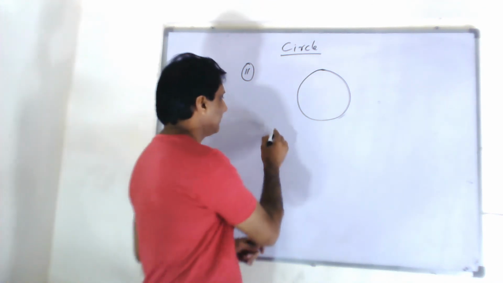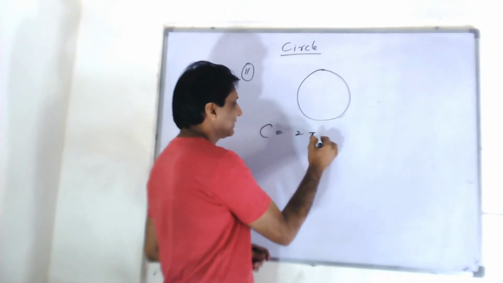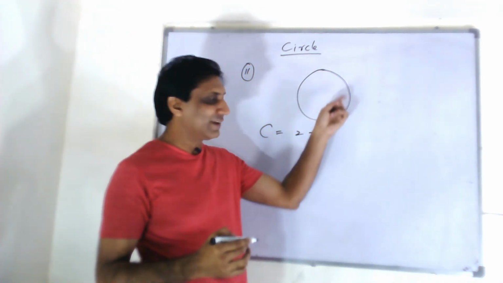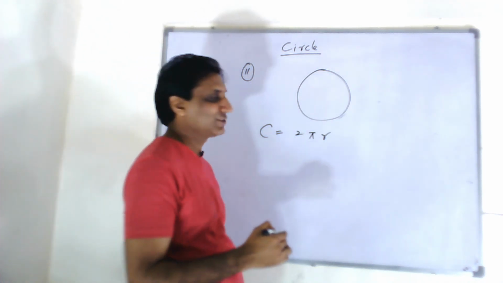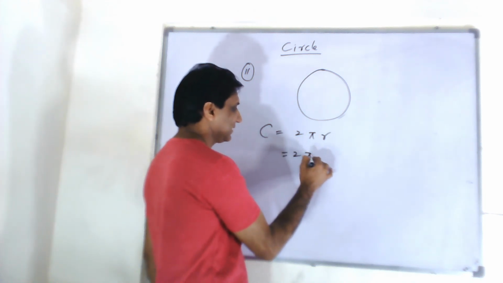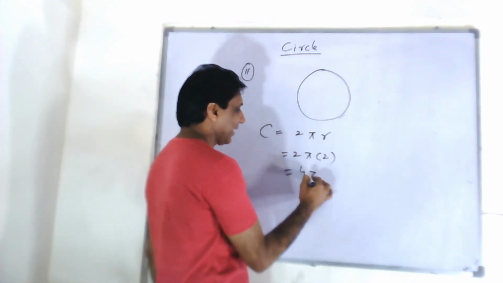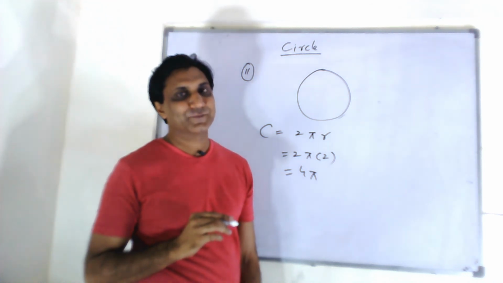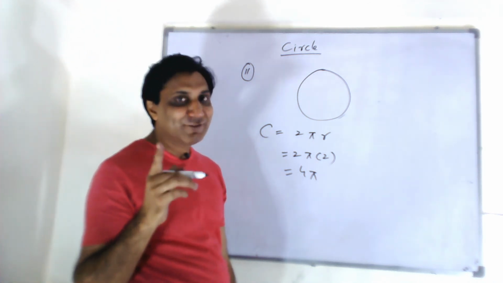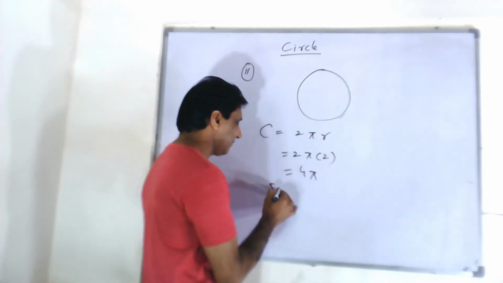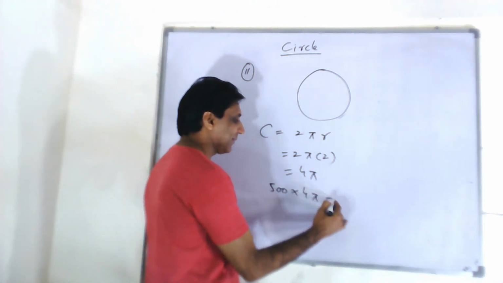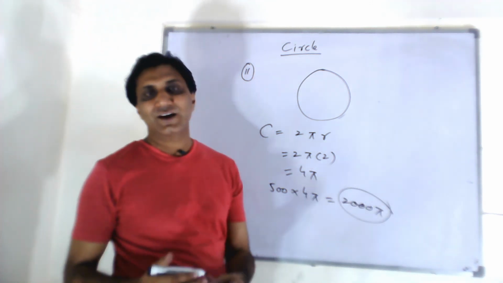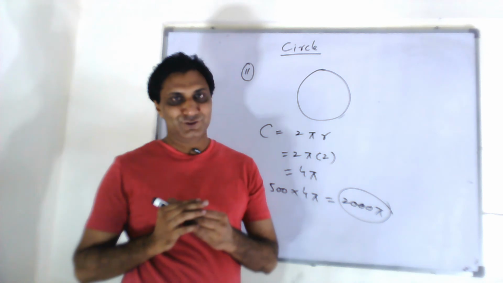So the circumference 2 pi r means the distance covered by this wheel in one complete revolution. The radius is 2 feet in this question, so 4 pi is the distance of one complete revolution. But the wheel makes 500 revolutions, so 500 multiplied by 4 pi means 2000 pi is the distance of 500 revolutions.